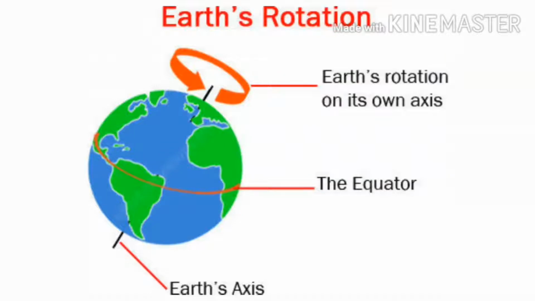The earth is spherical like a ball and spins around an imaginary tilted axis, and this spinning movement is called rotation of the earth.